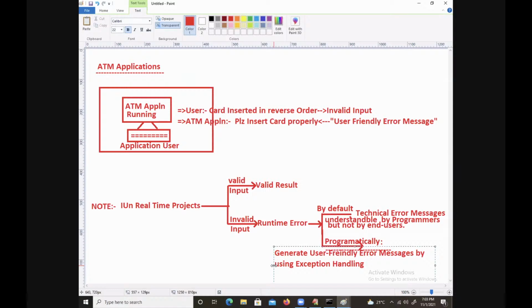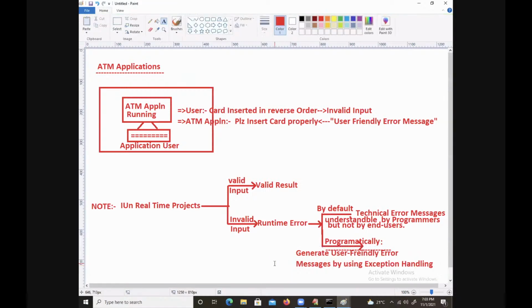Dear students, can you understand this information? Is it understandable? Yes. So exception handling makes us generate which messages?